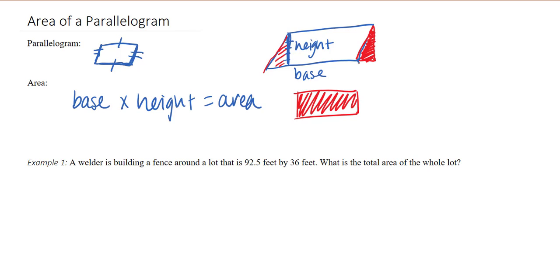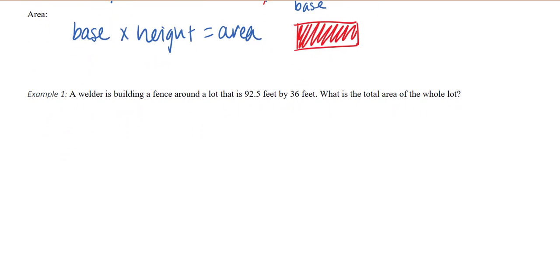So let's go over an example. Example 1: a welder is building a fence around a lot that's 92.5 feet by 36 feet. So what's the total area of the whole lot? So let's first draw this.